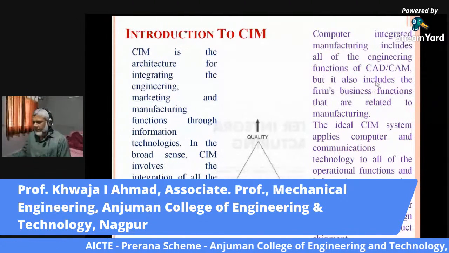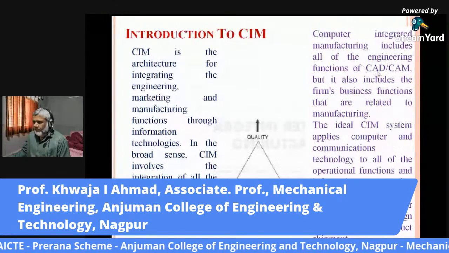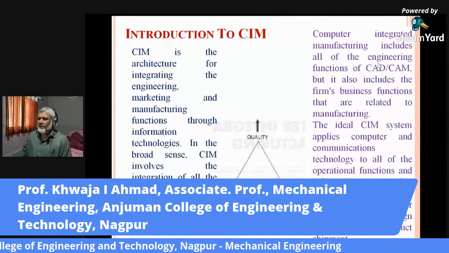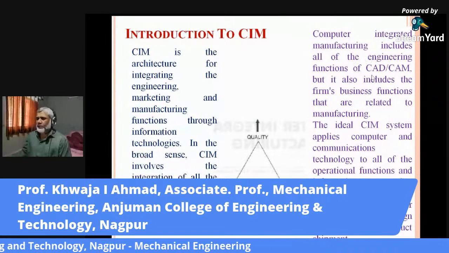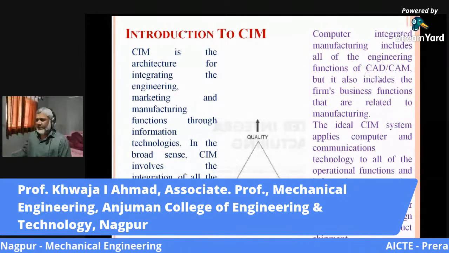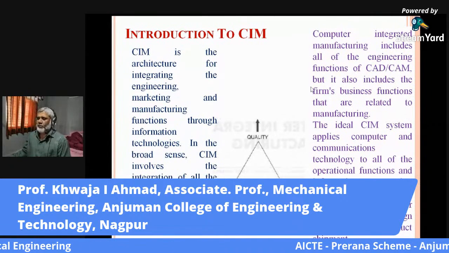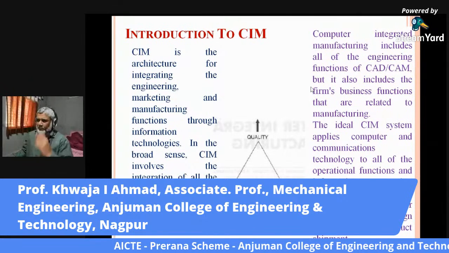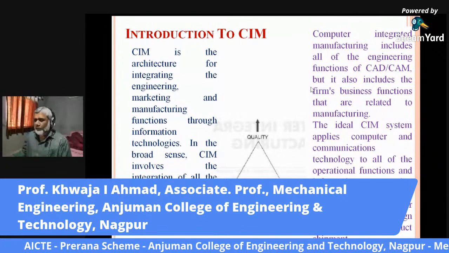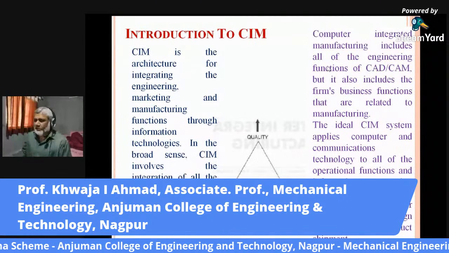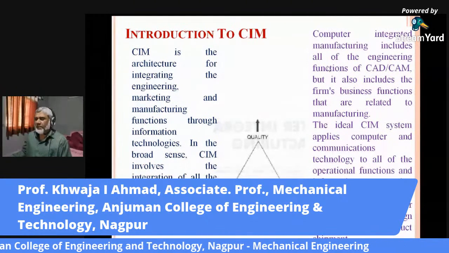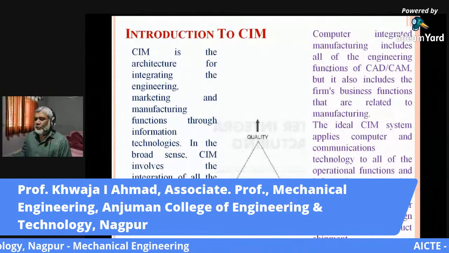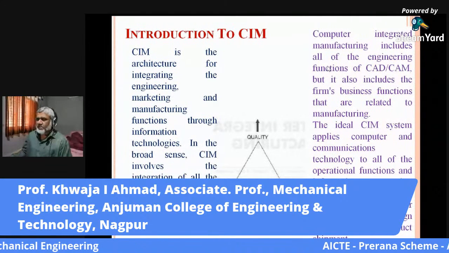And when you are using computer aided manufacturing and computer aided design only, that is you have used the information technology only on the shop floor, that designing is being done through computers, manufacturing is done through automatic machines, material is being handled through AGVs, and material is being stored through automated storage and retrieval system.